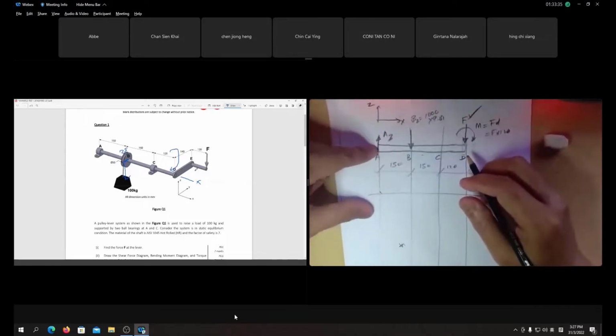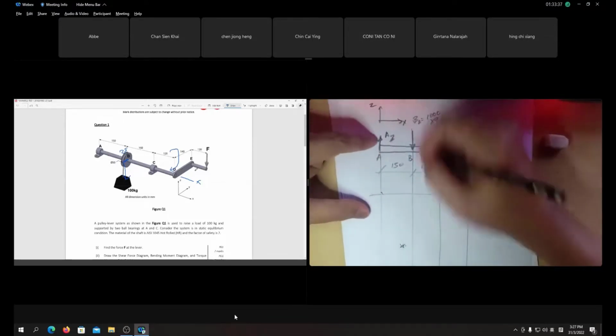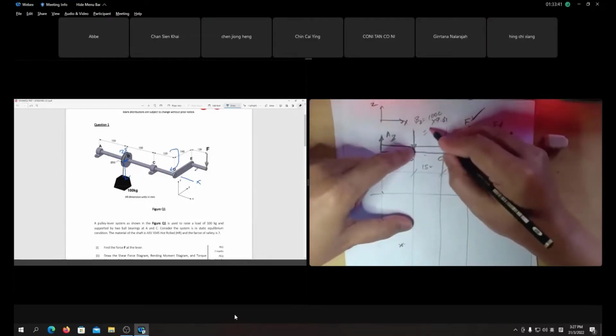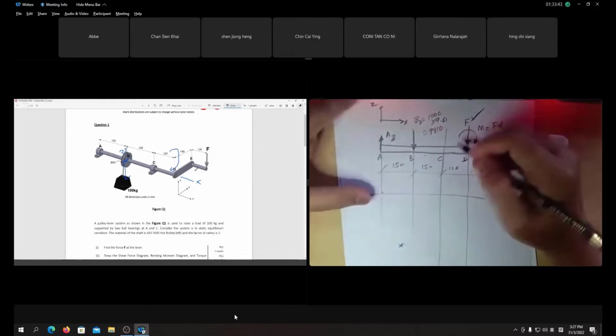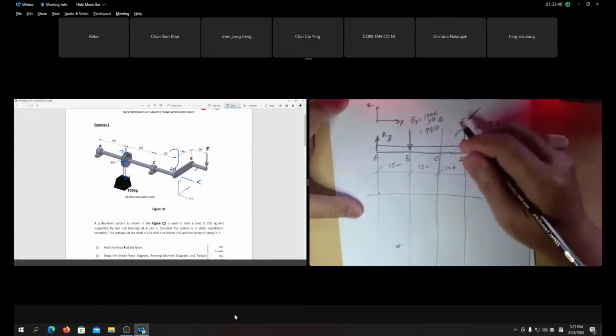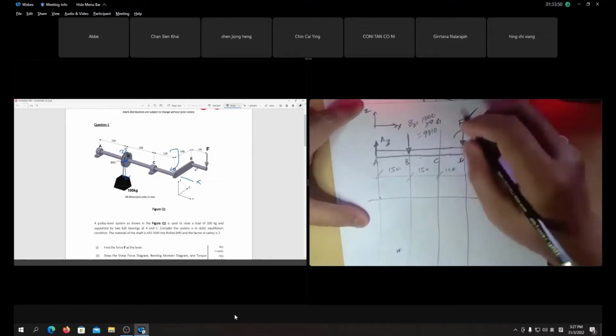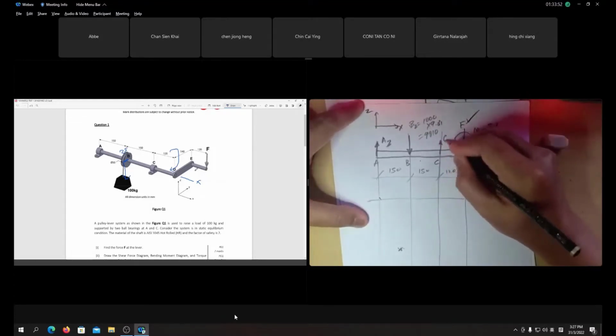AZ is unknown, you have to solve it, and you also have the bearing here. If this is downward, I'm not sure, either this is bigger because this is 9810 newtons. If you put it downward, you can find a negative value. Let's assume this is upward also, because this is downward. So this CZ is upward.